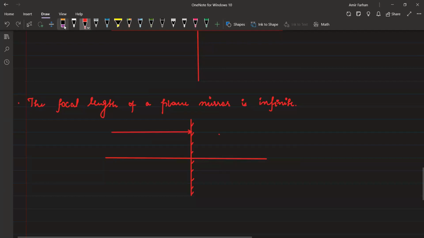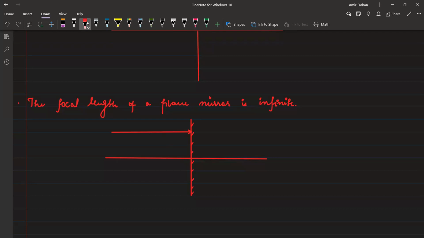Can anybody tell me what is the angle of incidence for it? Angle of incidence for this case. Zero. Okay, zero by Gianna. What about the rest of you, Nabila, Arya, and Mariam?